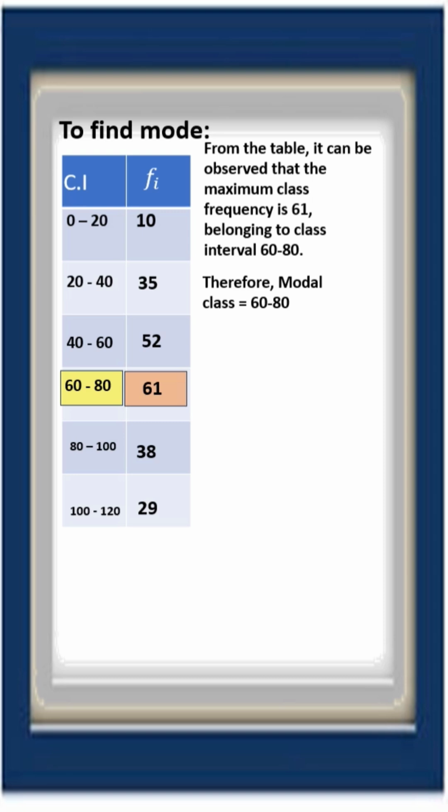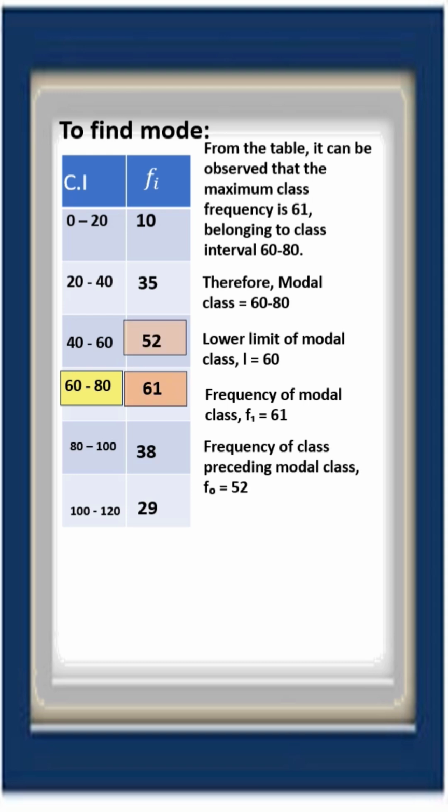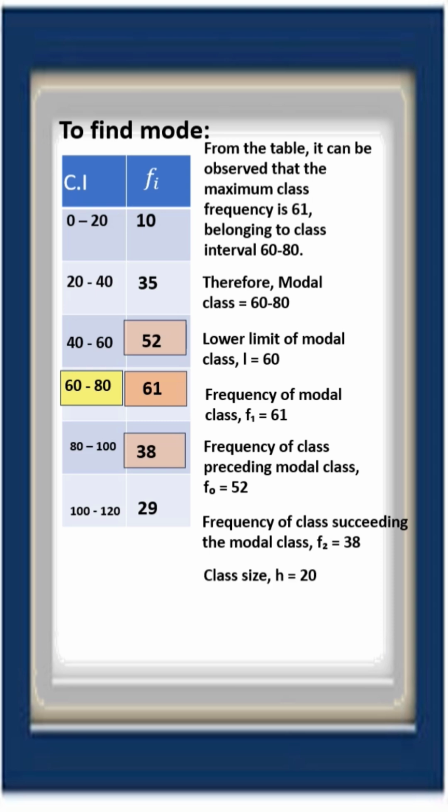Lower limit of this class is 60, that is L is equal to 60. Frequency of the modal class f1 is 61. Frequency of the class preceding the modal class f0 is 52. Frequency of the class succeeding the modal class f2 is 38.